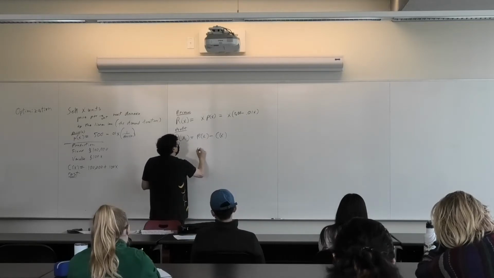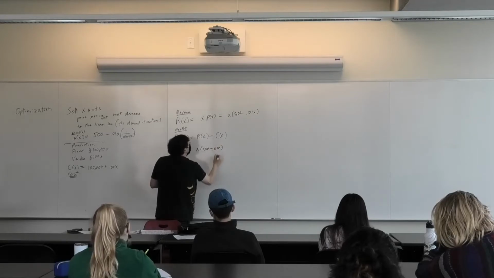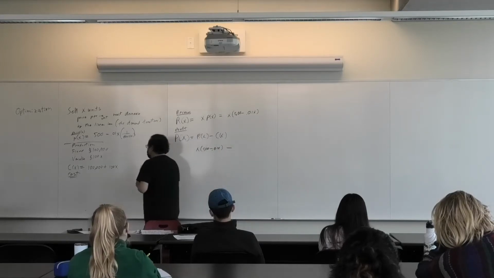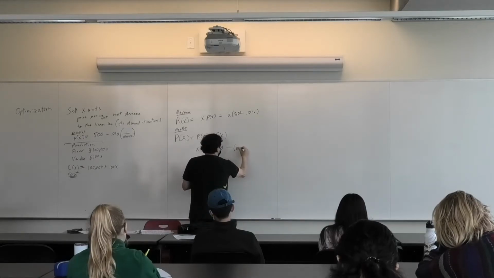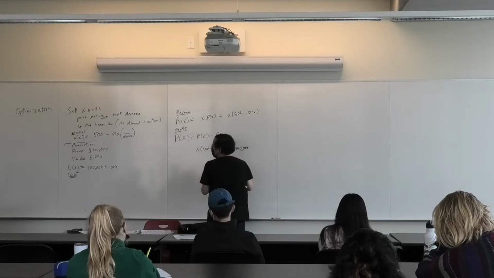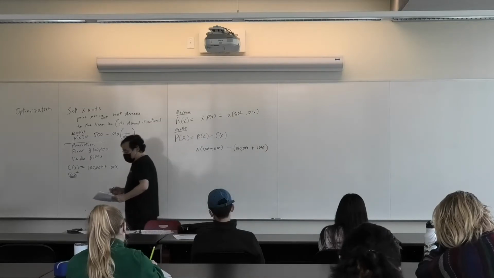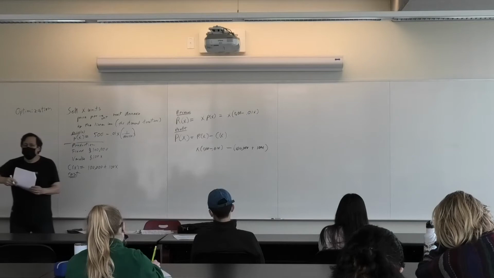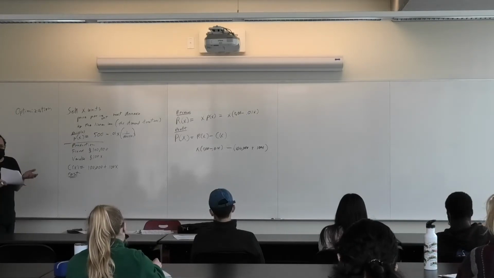So the revenue is x times (500 minus 0.01x), minus the cost, which is 100,000 plus 100x. So how many units do we have to sell to maximize our profit?